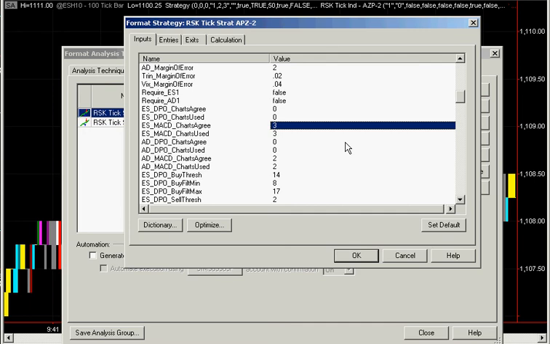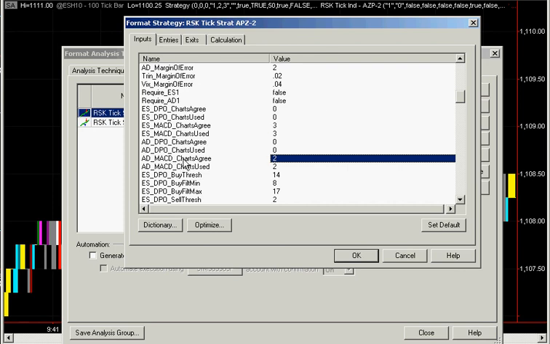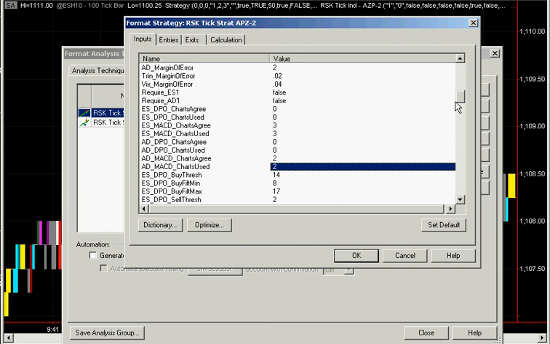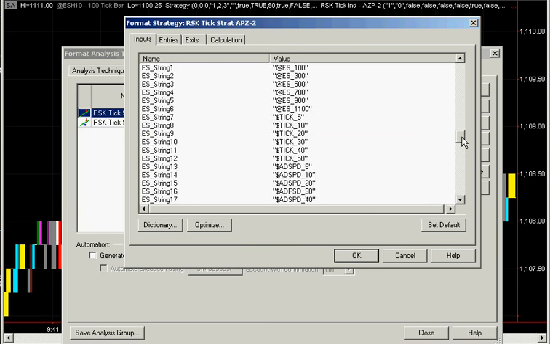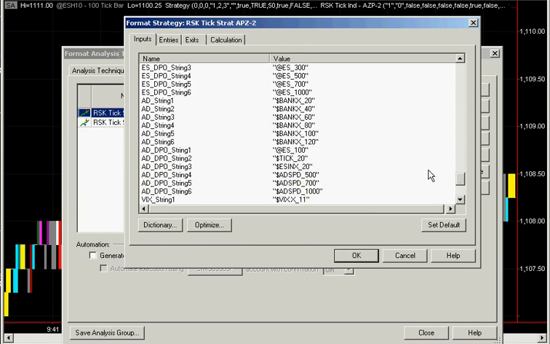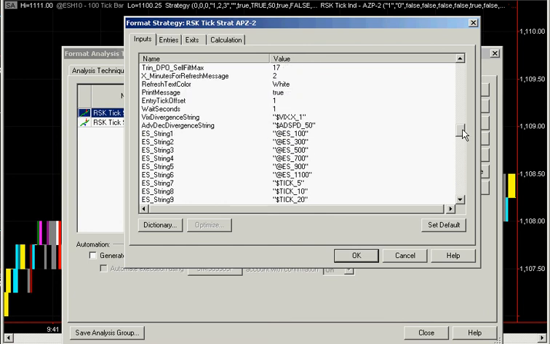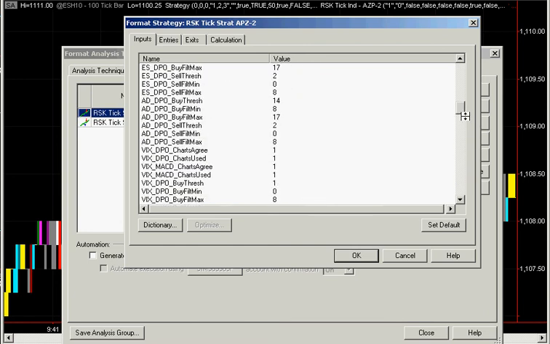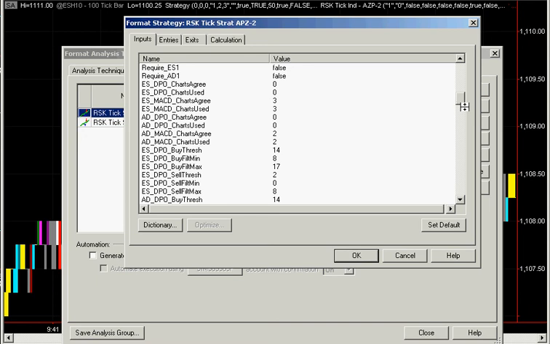But it doesn't stop there. We then want at least 2 of the 6 charts that we're plotting using bank. We've got 6 different bank tick intervals that we want to have agree with us. 2 out of the 6 have to agree as far as the MACD. And then the last thing that we're using in the strategy is the VIX.